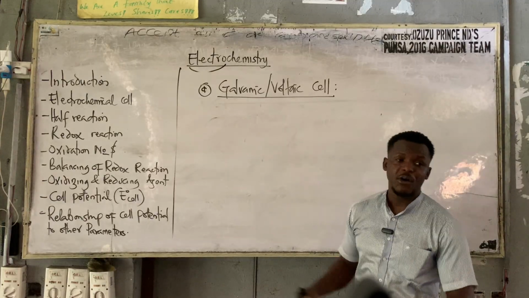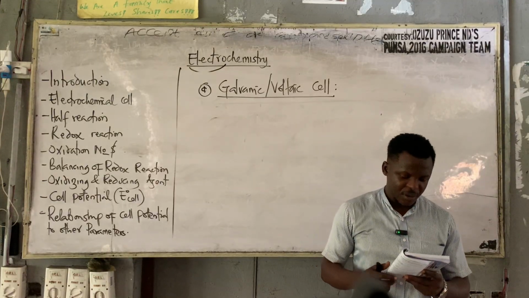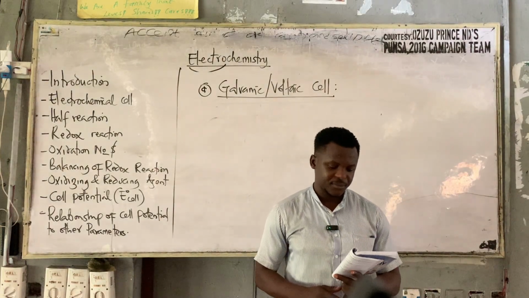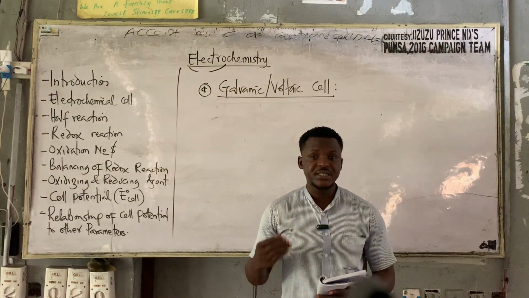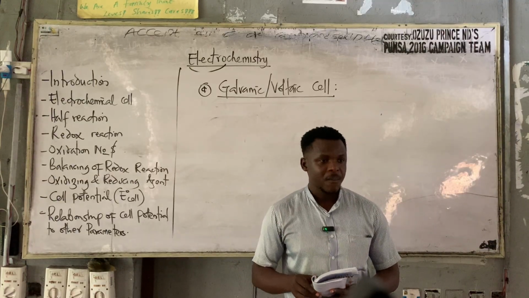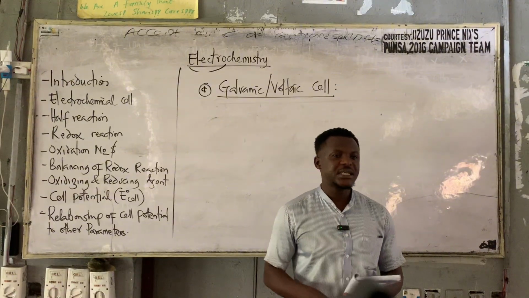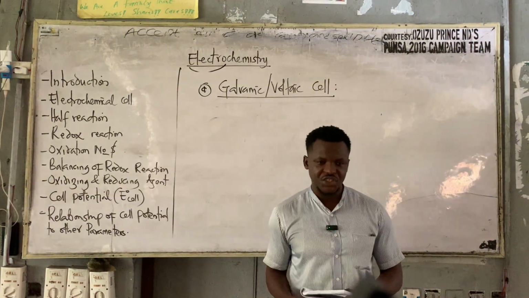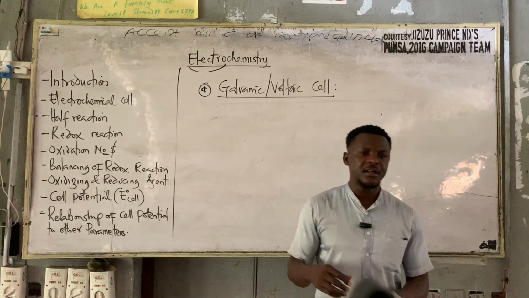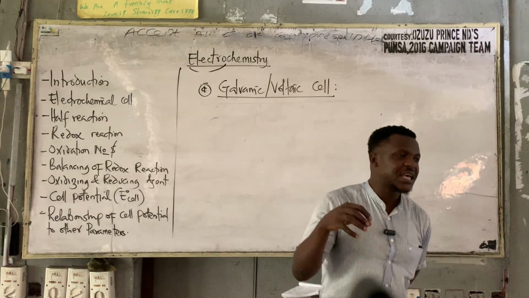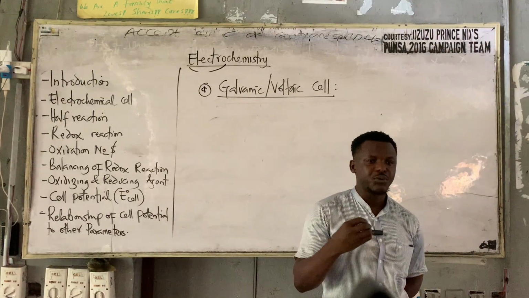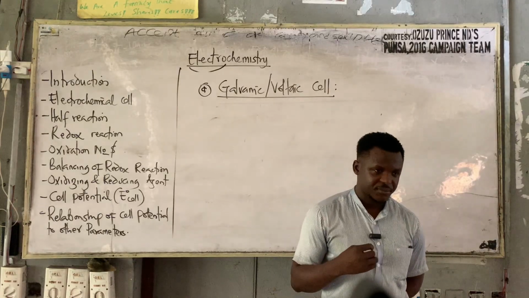This is a type of electrochemical cell in which spontaneous chemical reactions inside the cell result in the production of electrical energy. It's a type of electrochemical cell in which spontaneous chemical reactions inside the cell result in the production of electrical energy.